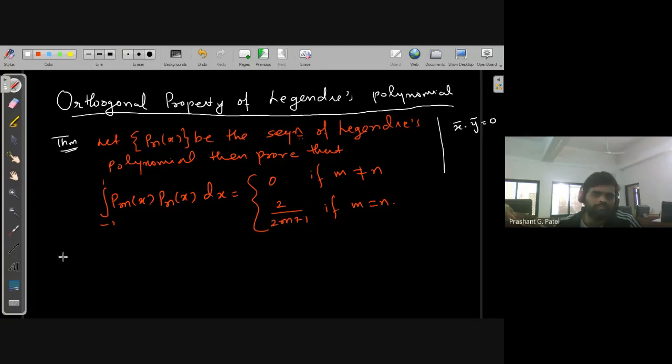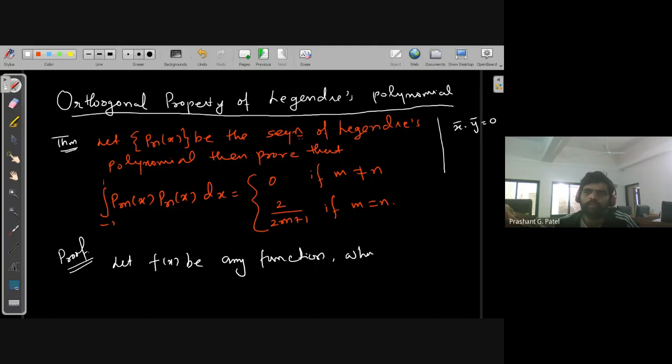In general, this holds for any polynomial, but in particular here we have to discuss the same thing for Legendre polynomial. To discuss this, let us consider f of x to be any function which has n continuous derivatives on -1 to 1.